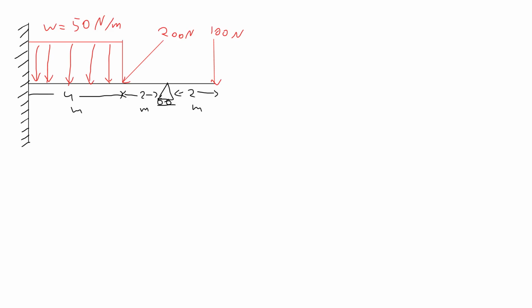Here I got 3 forces. Well, this is a distributed force. We have to make it a concentrated force. But first we have to calculate the reactions of this support and this support. So what do we have?